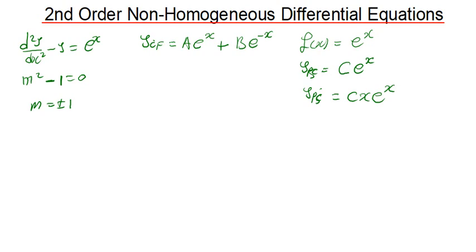So remember, my aim is to substitute in this equation that I have. So I need to differentiate this. Okay, so I'll need to find the first derivative so that it helps me to find the second derivative, but I'll not need it when substituting. So our y prime of the particular solution is going to be equals to, we use the product rule there.